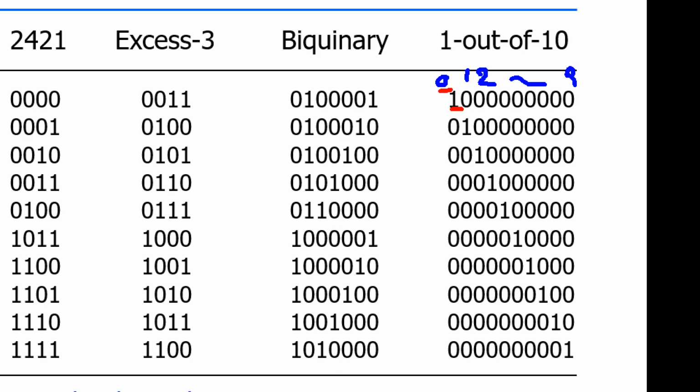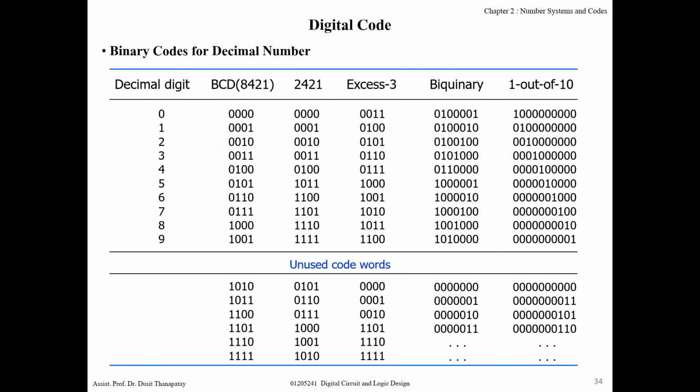To show that its value is 0, this bit becomes active. And if the bit is active, that means now the value is 1, and so on. The system is called 1 out of 10: there are 10 bits, and only 1 bit has a value of 1.